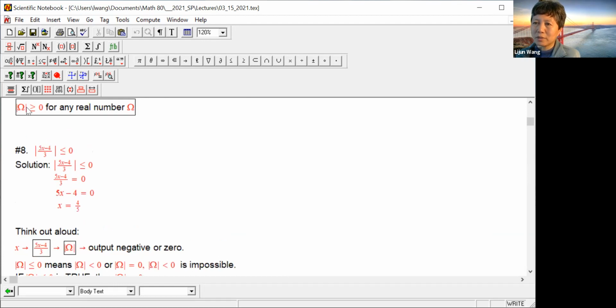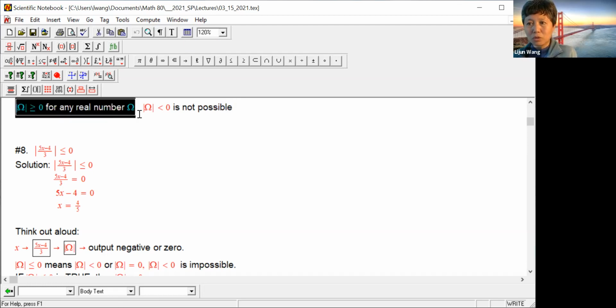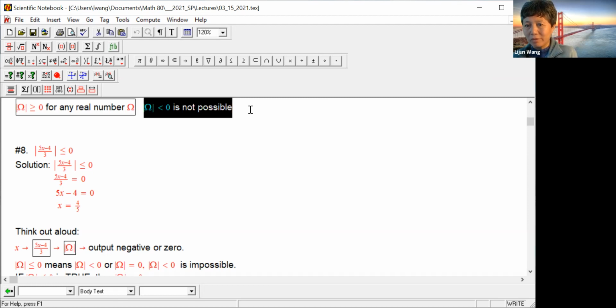It also tells us that the absolute value of anything less than 0, which is the opposite of it, is not possible. So if this is always true, its opposite will never be true, isn't it?